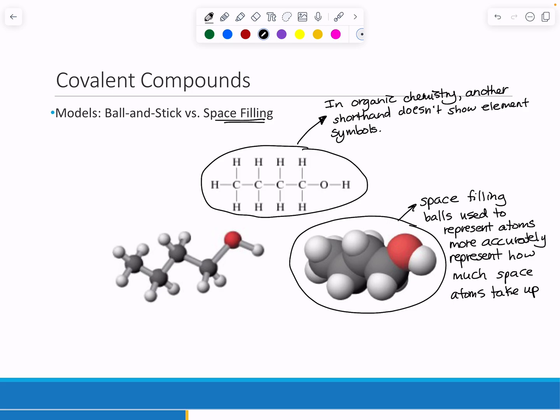So this has 4 carbons in it. The end of a line represents a carbon. So I have 1, 2, 3, 4. So if I look at each end of the line, I have my 4 carbons: carbon 1, carbon 2, carbon 3, carbon 4. And then hydrogens aren't shown.